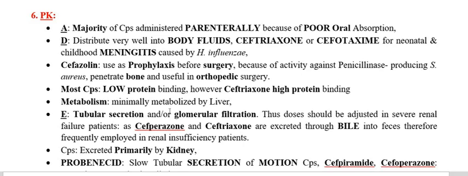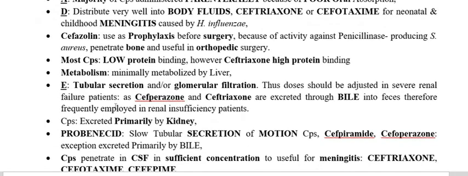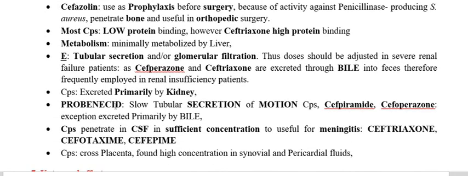Now we have to go through the other pharmacokinetic properties. Their protein binding is low, meaning cephalosporins usually possess low protein binding. However, ceftriaxone protein binding is high. Now the metabolism: the majority of the drugs that we are going through are metabolized by the liver.